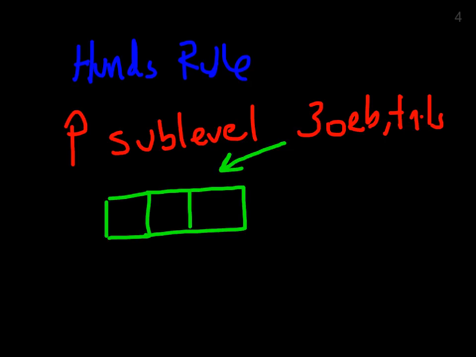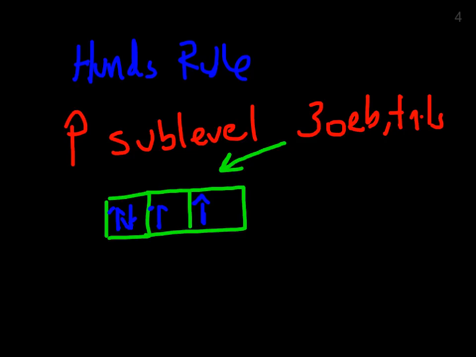And Hund's rule states that orbitals are going to fill up separately with electrons first and then double up. So the filling order of a sublevel would be 1 electron, 2 electrons, 3 electrons, and now I start doubling up.